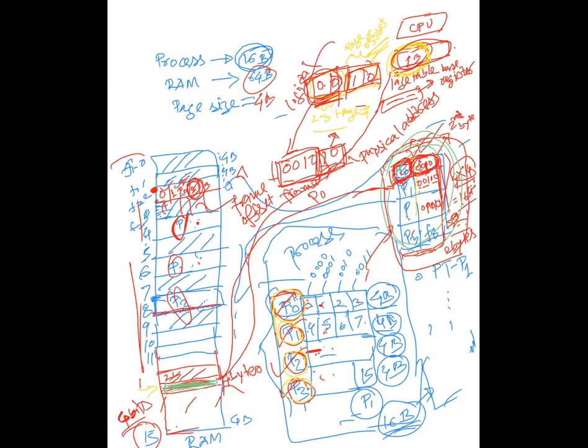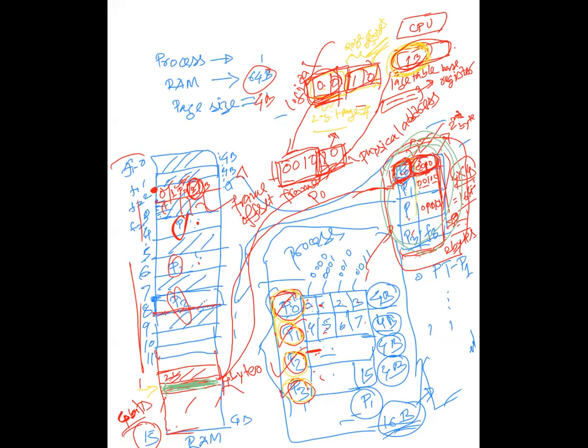But let's think about the opposite. If the frame size is 4 bytes, you can easily accommodate this space inside a single frame. But let's say your process size is 32 bytes, then it is fine, your page table size will be 4 bytes.